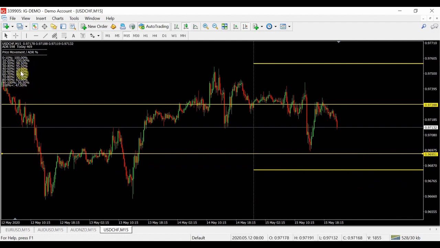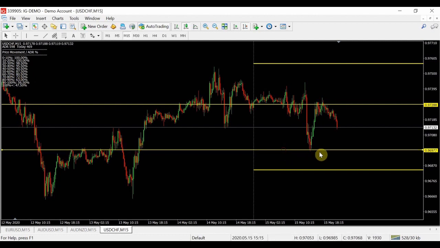What this is saying here is that to hit 90%, it only achieves it 63% of the time, which isn't that great. Maybe I will look at 80%, which is achieved 70% of the time. And again, I don't know what 80% of the ADR is, but it might be here somewhere. Let's just say it was here for the sake of the example.